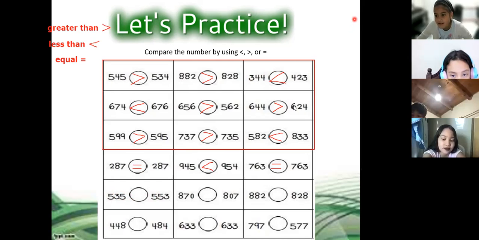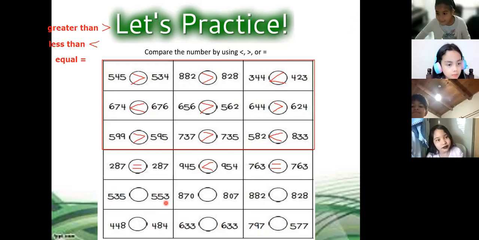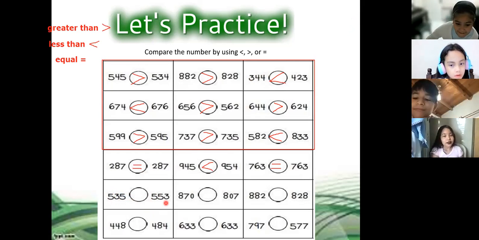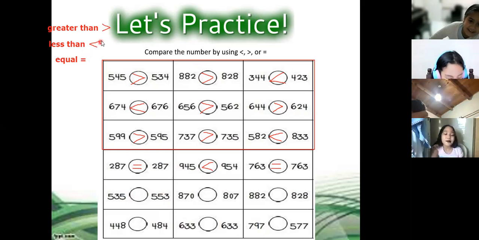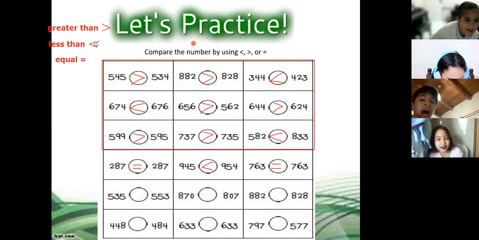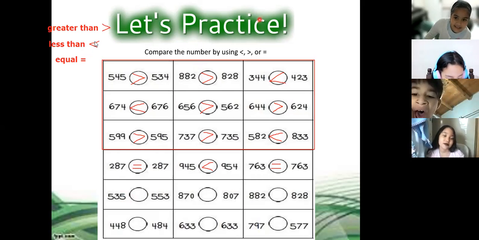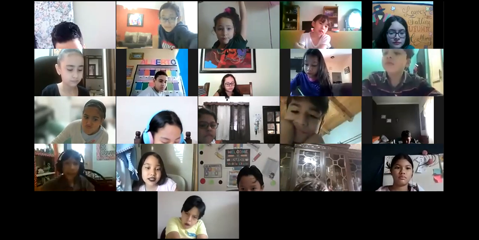Okay, let's see. I'm going to do this one. 535, class, is it greater, less, or equal than 553? Less than. It's less, that's right. So we're going to draw this one. Yes, Anna, you have connection problems. Don't worry. Now, just let me know if you listen something. I listen.